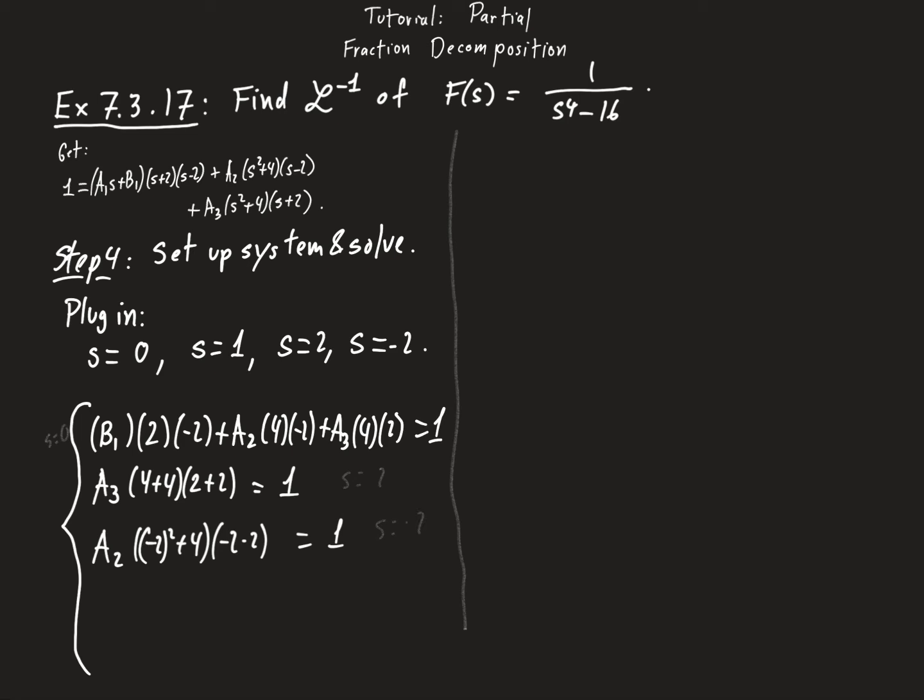All right, last but not least, we're going to plug in s equals 1, and this is going to give us the length here of the lengthiest, I should say, even, of the 4 equations here. And we're going to get the following for the last one. We're going to have a1 plus b1 times 3 times negative 1 plus a2 times 5 times negative 1 plus a3 times 5 times 3 is equal to 1.